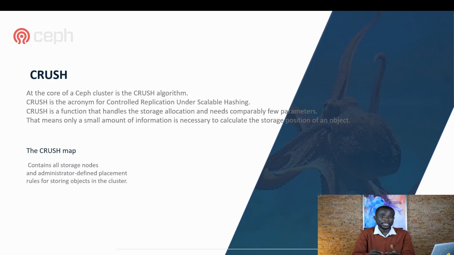Okay, you can say that for this type of object, I want the data to be stored at the host level. For these other types of object, I want the data to be stored at the OSD level.